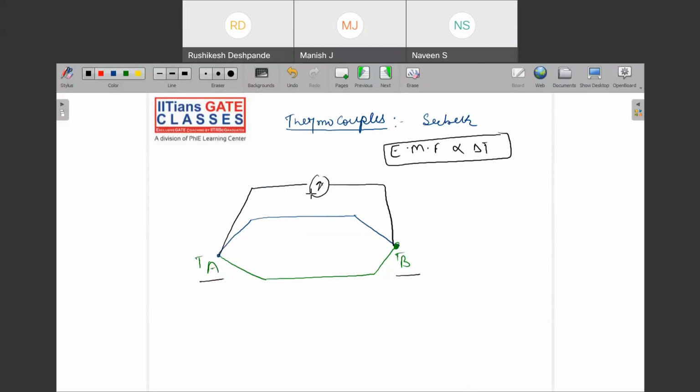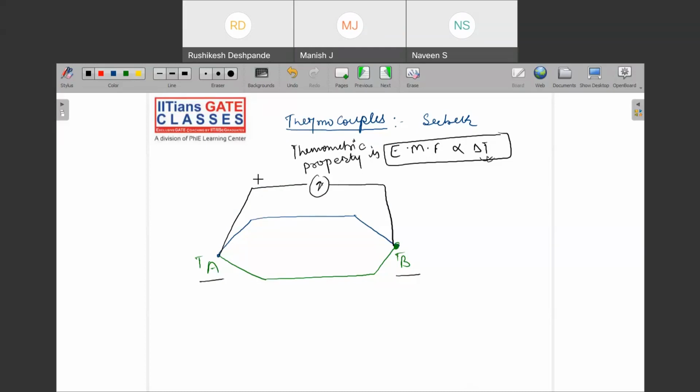Then there will be an EMF generated between these two, directly proportional to the change in temperature. And we already introduced what the thermometric property is here: EMF. The thermometric property is EMF.